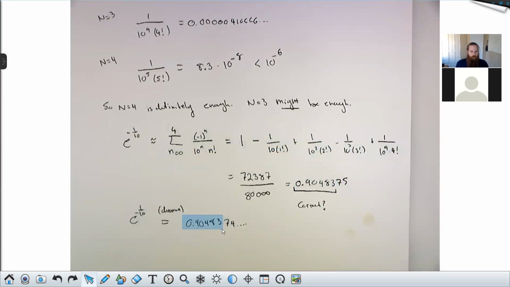And yes, the first 5 decimal places do match: 0.90483. So your answer is just going to be 0.90483. Those are the first 5 decimal places of e to the negative 1/10. And we did it as the problem asked, by using an appropriate partial sum, the partial sum that we determined using our estimation theorem.